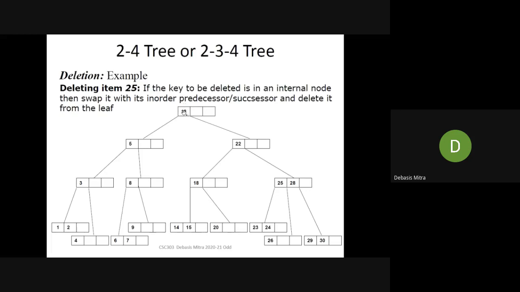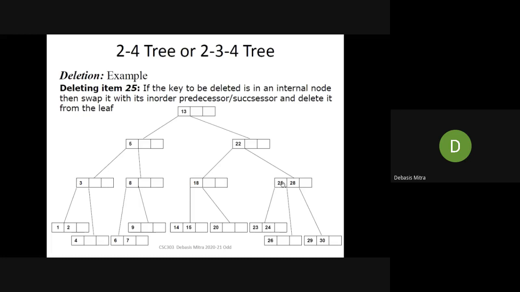So I compare here, 25 is greater than 13, so I'll follow the right branch. Then I'll come here, the right child of the root. Here also 25 is greater than the single key that is present, 22. So I'll follow the right branch, and then I'll search into this node, and I'll find that this node is the desired node.